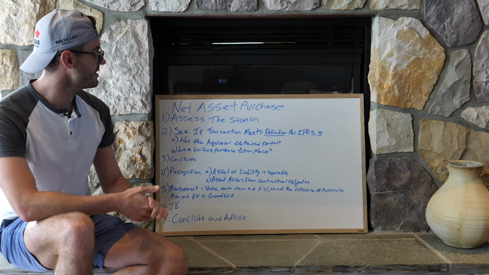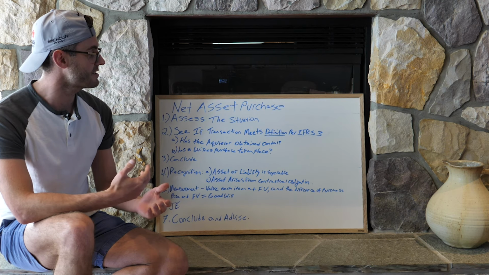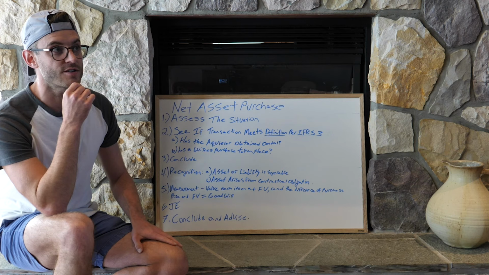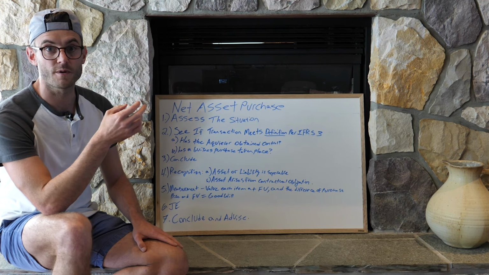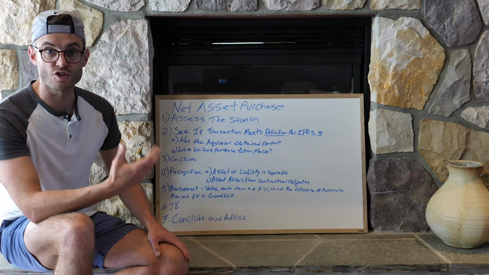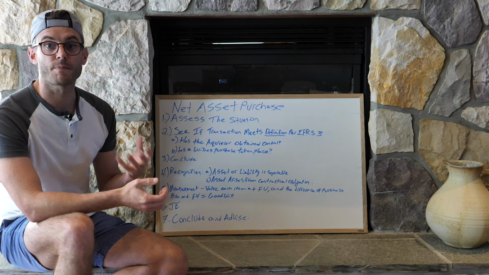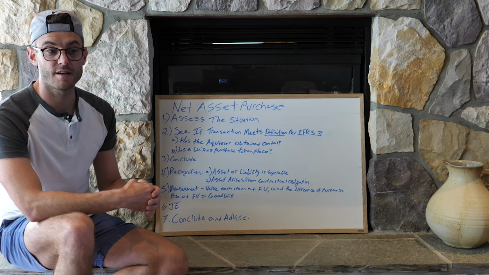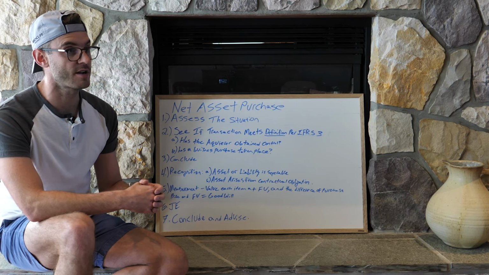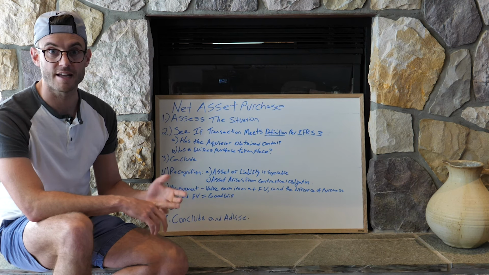Next, you need to see if the transaction meets the definition of IFRS 3. The two things you want to consider within that are: has the acquirer obtained control, and has a purchase of a business occurred? For each one of those, you want to make sure you say whether it's been met or not met.